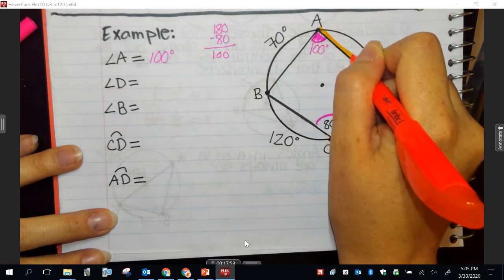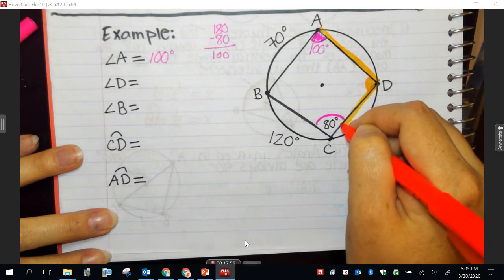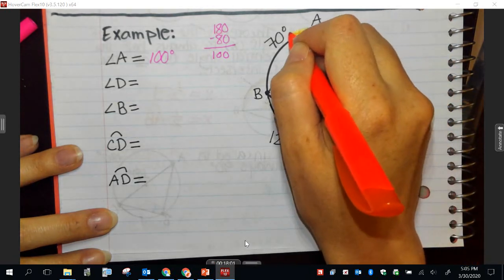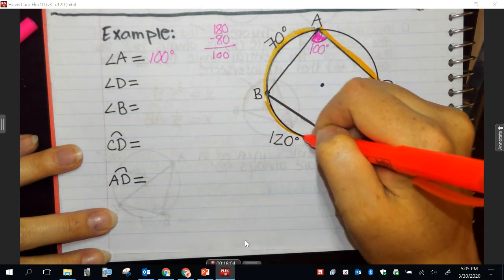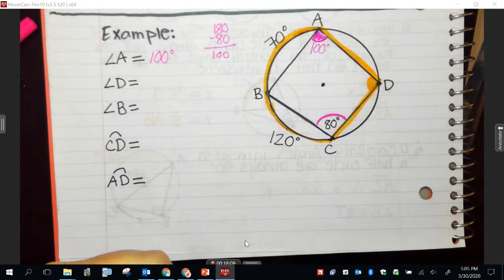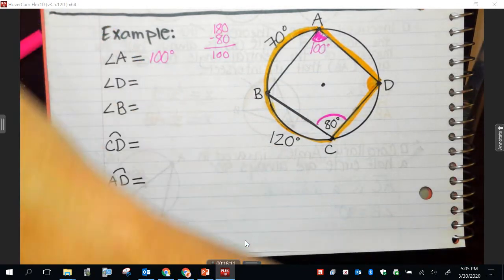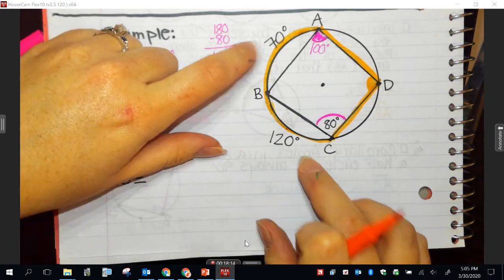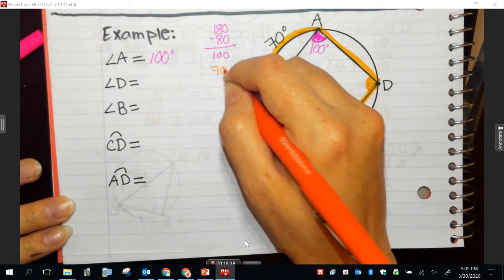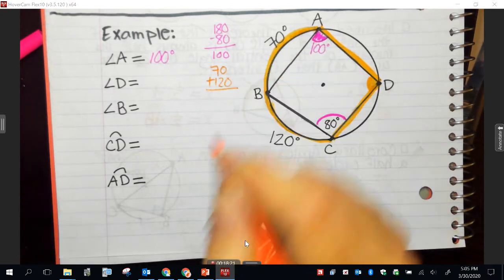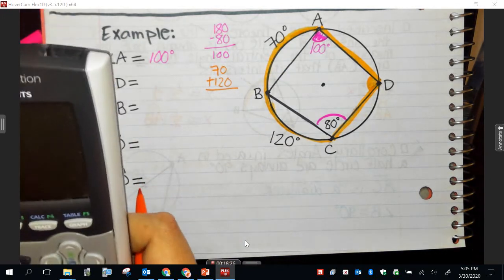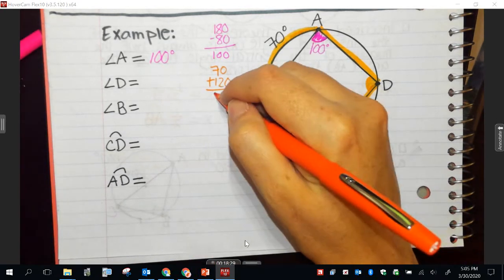Let's look at the arc that angle D is intersecting. Here's our angle. The arc that it intersects goes from here all the way to here. We know what the two pieces of this arc are, 70 and 120, so we can add them. 70 plus 120 is 190.